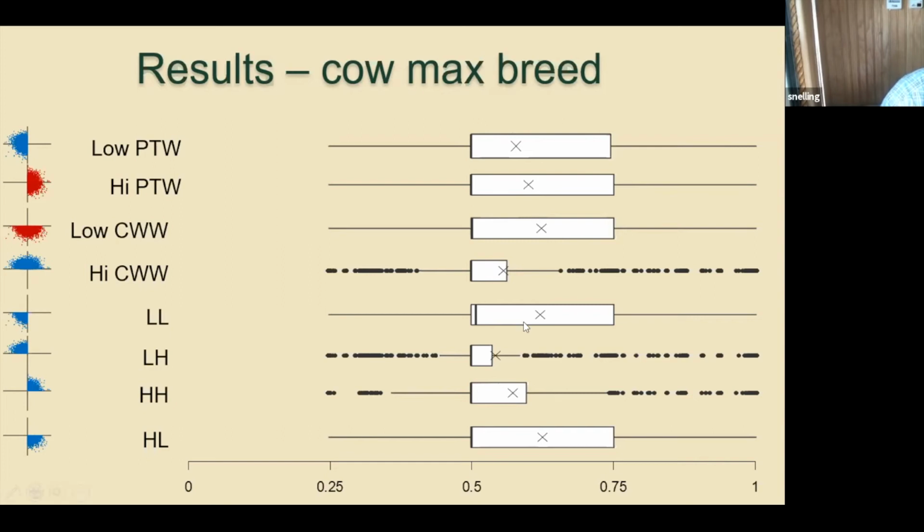And where we see the differences is in the quadrants with high weight weaned.